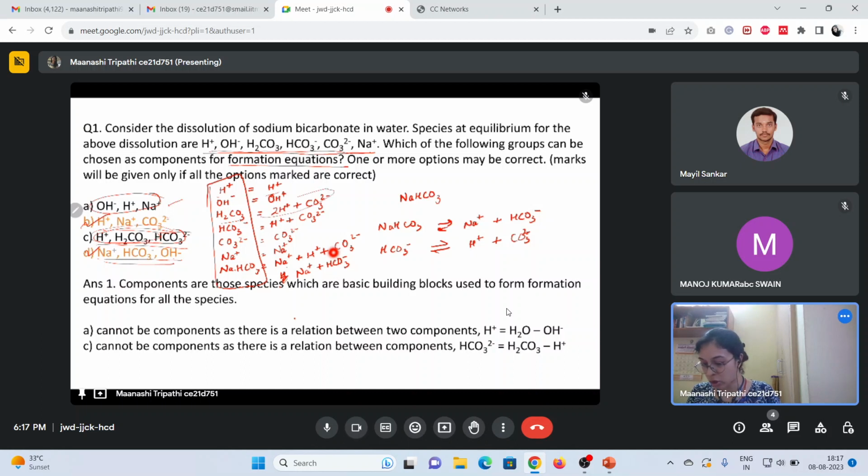So if we look at option A, let's say we have OH, H plus and Na plus. Will you be able to make this component out of this? If I give you one solution in which only Na, OH and H plus are there, will you be able to make NaHCO3?